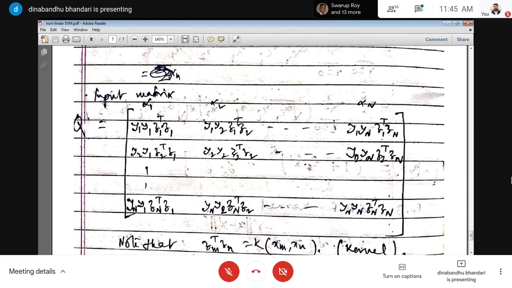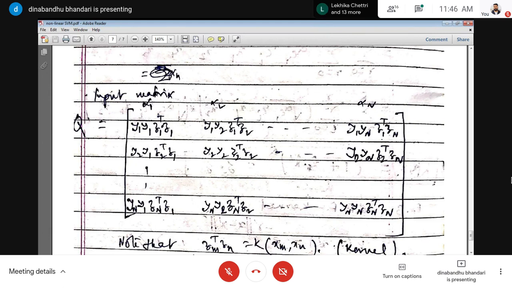Now, this K is a valid kernel for the given set of data if this function is symmetric, that means K(xm, xn) is equal to K(xn, xm). Okay, as I said, the norm square is symmetric, isn't it? So it has to be symmetric, and this function has to give a positive semi-definite matrix, that means a non-negative definite matrix.